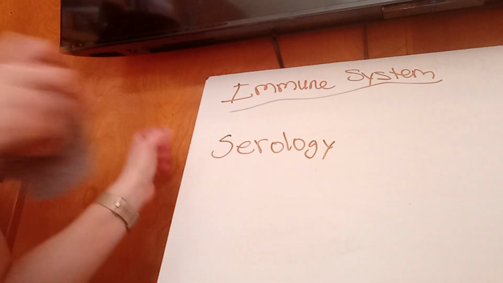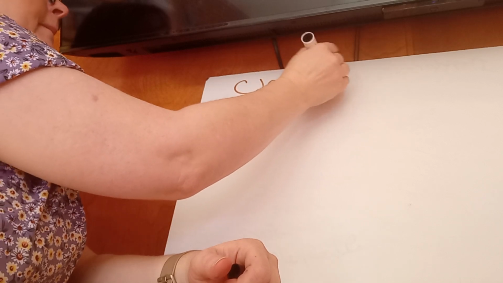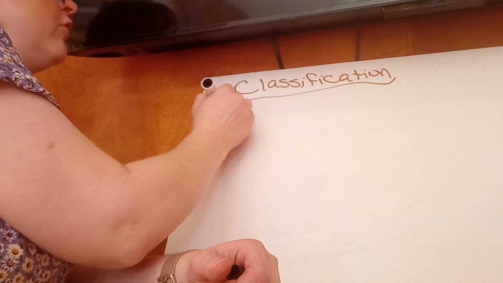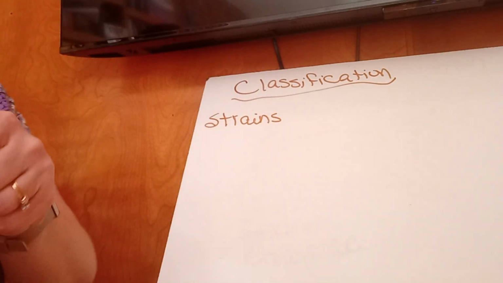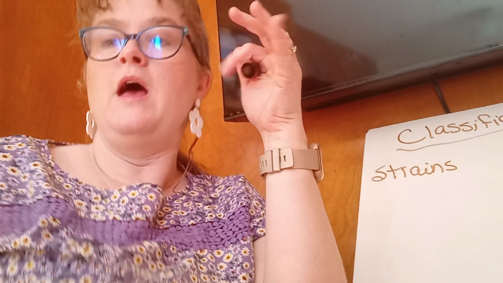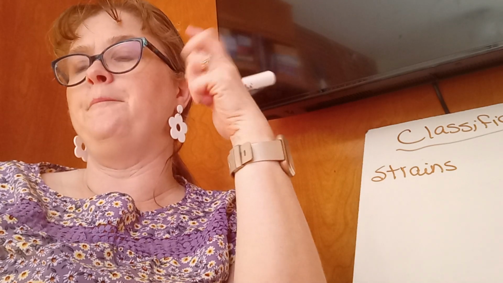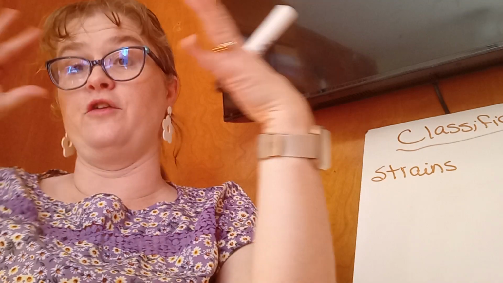Okay, let's classify some bacteria. One kind of thing is you can have strains. You've probably heard of this. A strain is not a whole new species, but it is a bacteria within a species that has a slightly different characteristic.